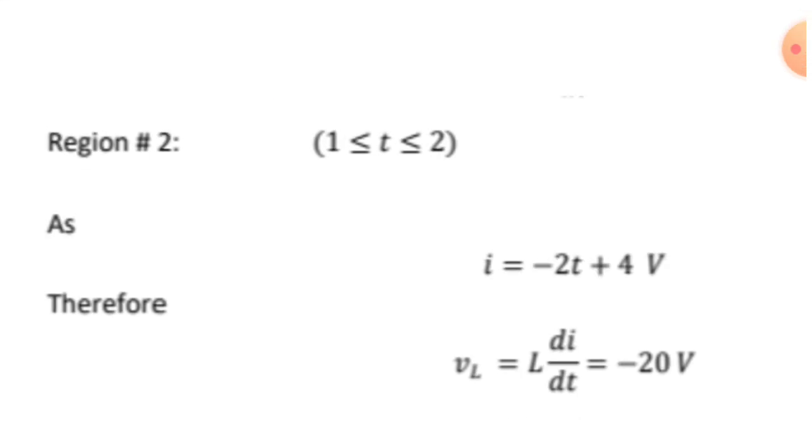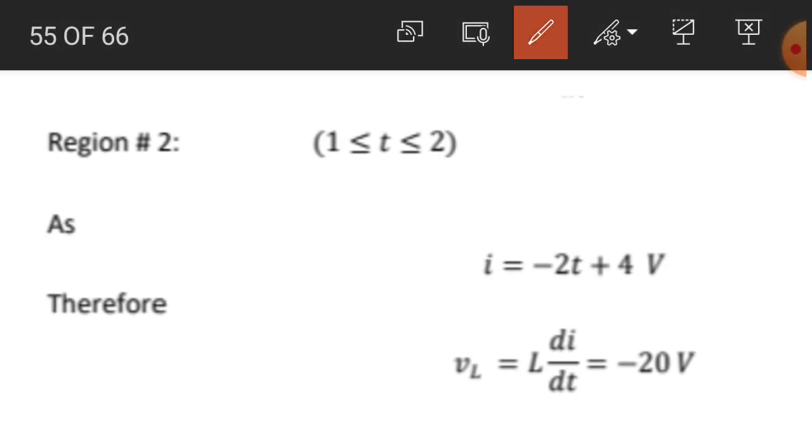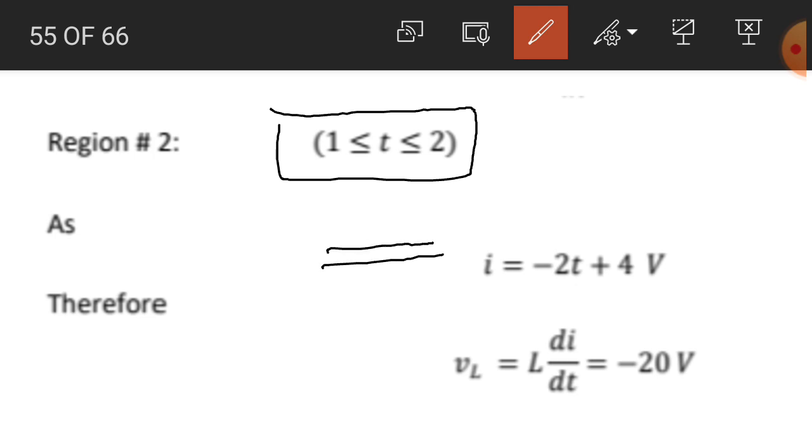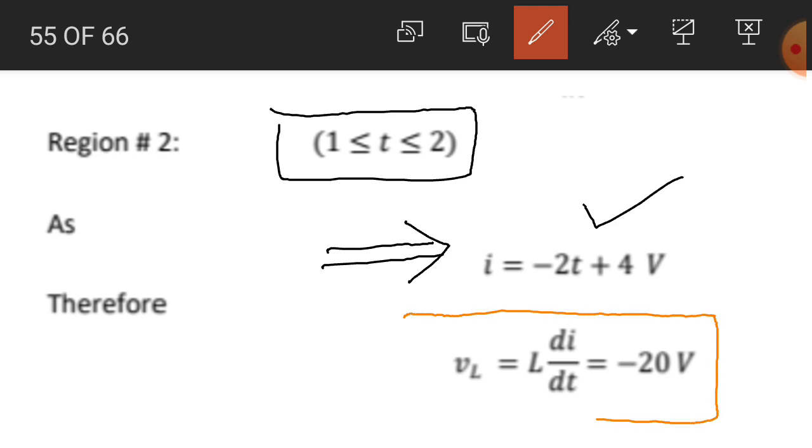Then we consider region number 2. In region number 2, the time is changing from 1 to 2. The current is changing with respect to time in region number 2, where the current is minus 2t plus 4. So we calculate the voltage across the inductor in region number 2, which is L di by dt.